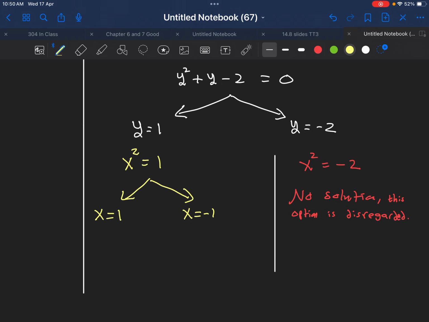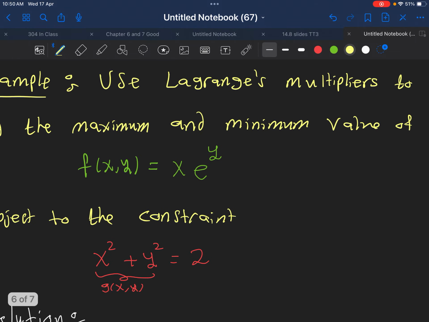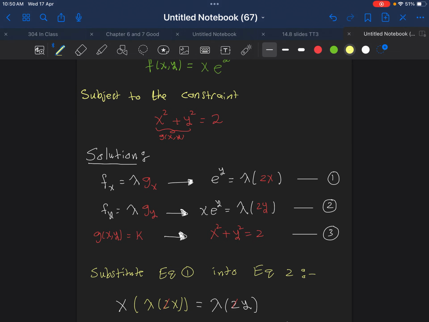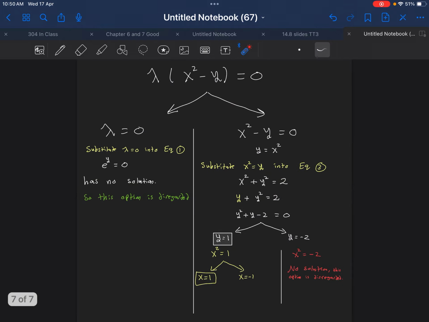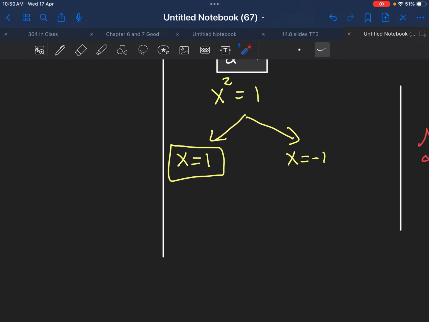Now, what we end up with is y equal to 1, x equal to 1. So here we have to find lambda. How do we find lambda if we have x and y? We go back to the three equations. For example, we can use this equation. If we put x equal to 1, here we will get that lambda equals e over 2.